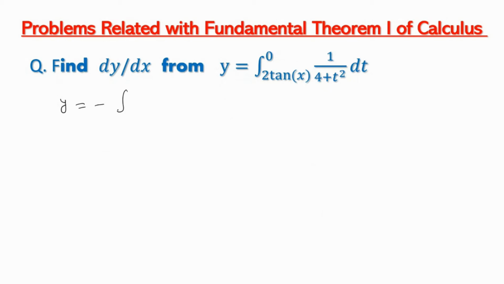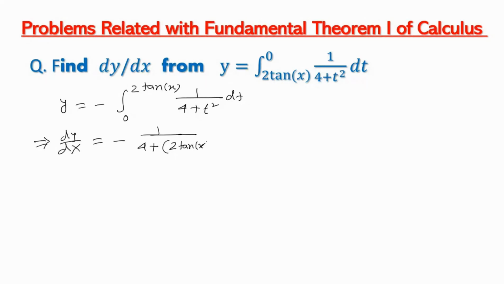So y is equal to minus the integral from 0 to 2 tan x of 1 over 4 plus t square, and by the fundamental theorem this implies dy/dx is equal to minus 1 over 4 plus 2 tan x whole square, then d/dx of 2 tan x.